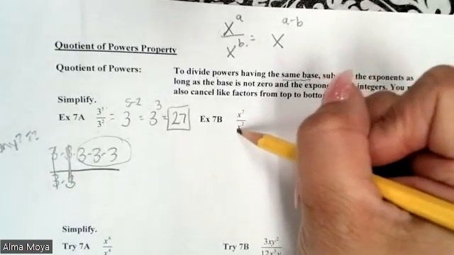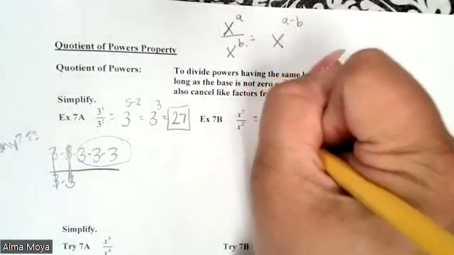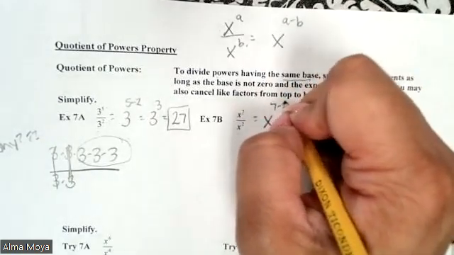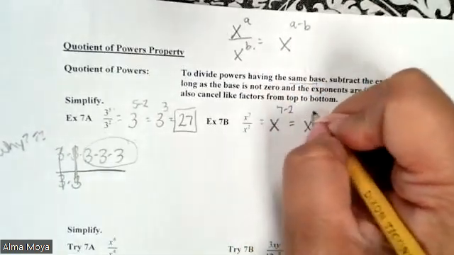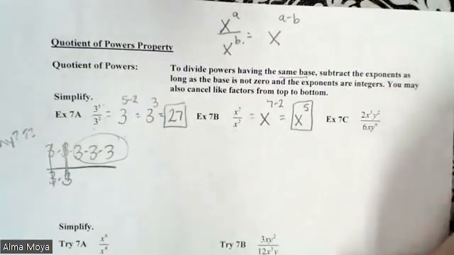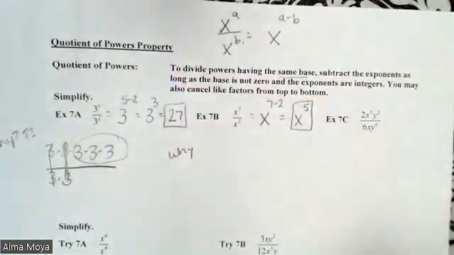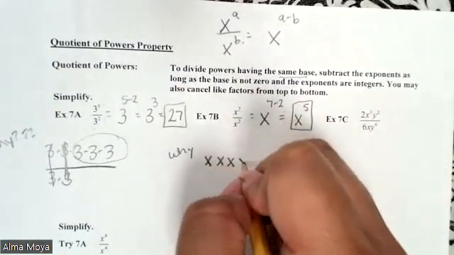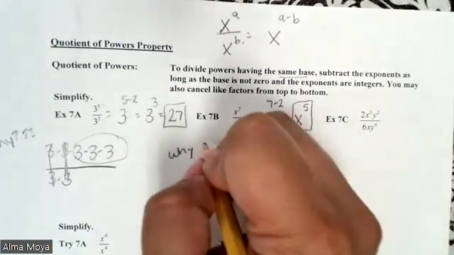Right here, my bases are x's. So I'm going to keep the x. I'm going to take the top power 7 and subtract the bottom power 2. And 7 minus 2 is equal to 5. So that's actually x to the 5th power. Let me explain why. Here you have 7 x's in the numerator: 1, 2, 3, 4, 5, 6, 7.